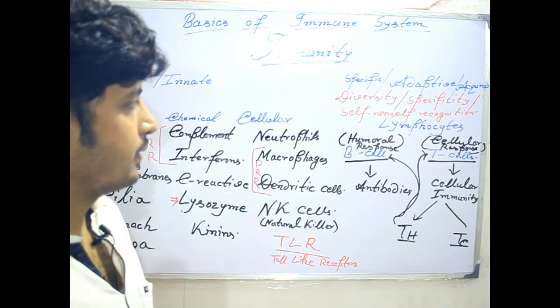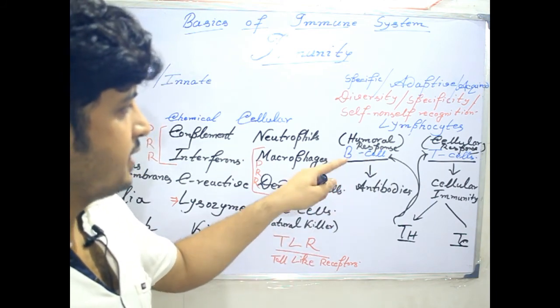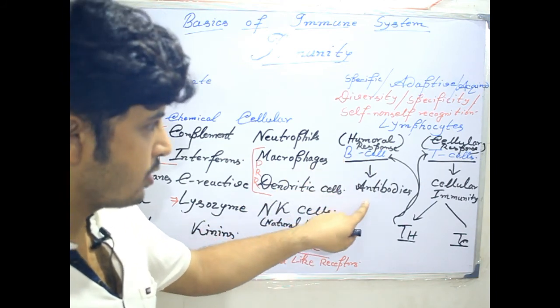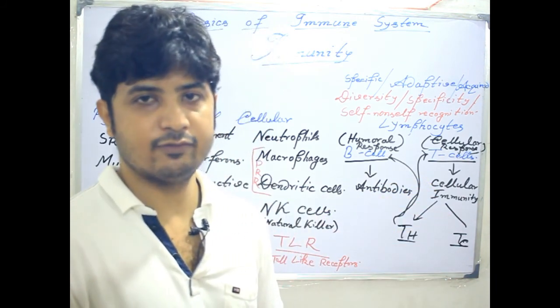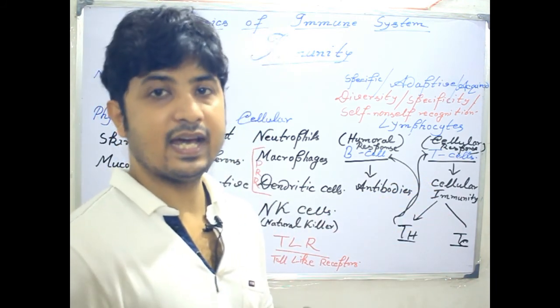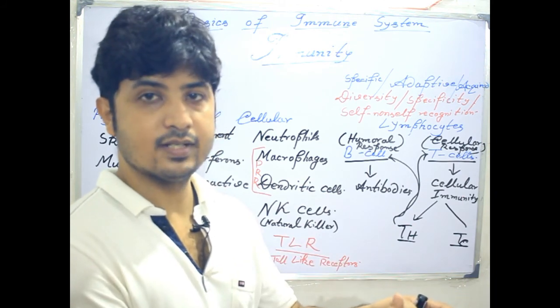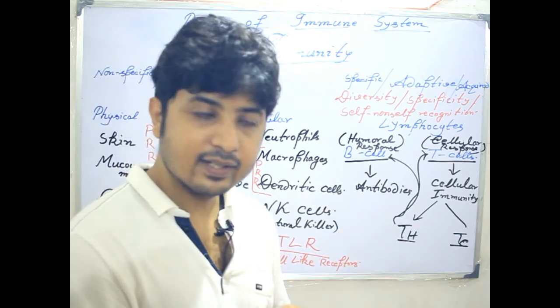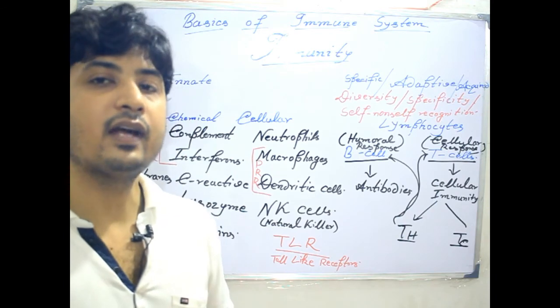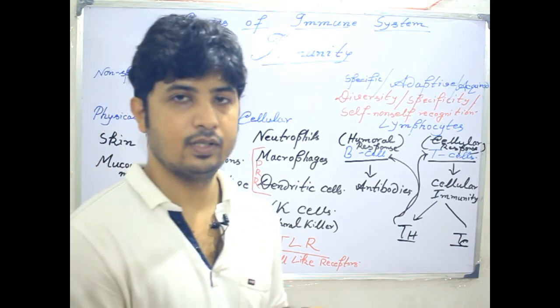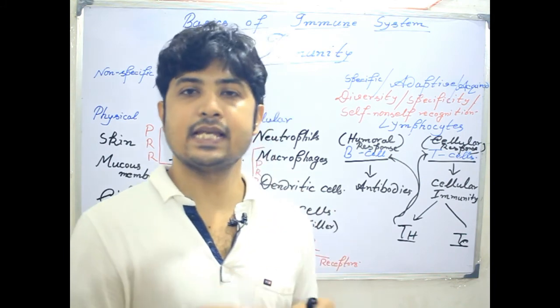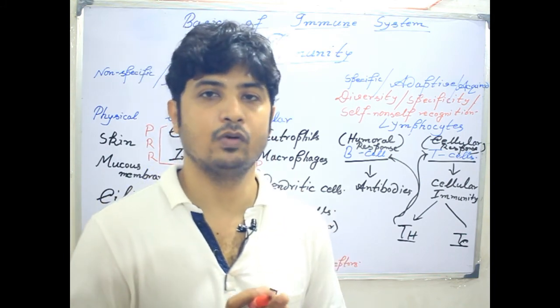So the B cell is producing the antibodies, and the T cell is not producing any kind of molecules which directly act against the antigen. Rather, T cells act as a cell. Suppose I will give you an example, like a cell is infected by a virus.